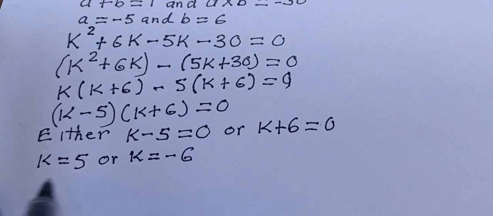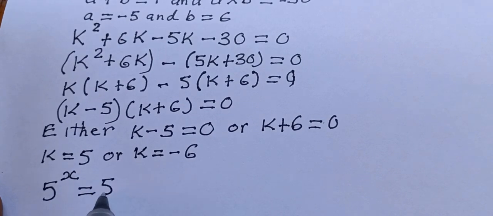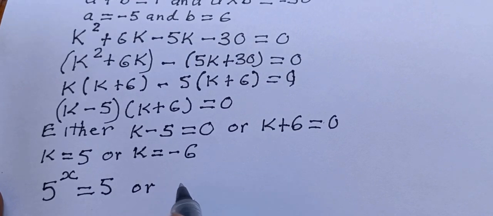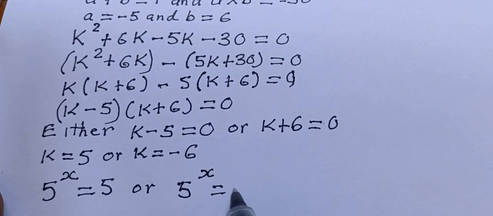So starting with k equal to 5, we have 5 raised to power x equals 5. Then 5 raised to power x equals negative 6.